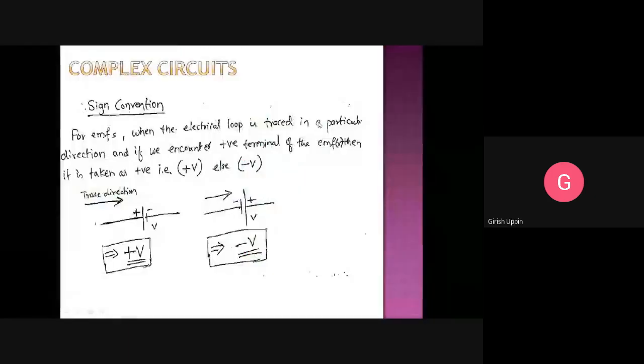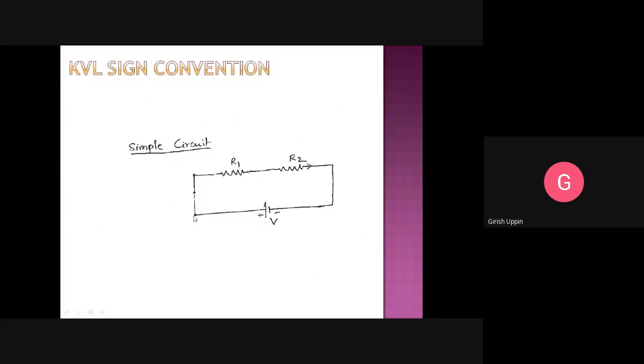Okay, so we are going to trace a particular electrical circuit. What does tracing mean? We are going to start at some point. This is the circuit I have. I will mark the nodes as A, B, C, D. I will start from A, that is apply KVL to A, B, C, D, A. That is the loop.